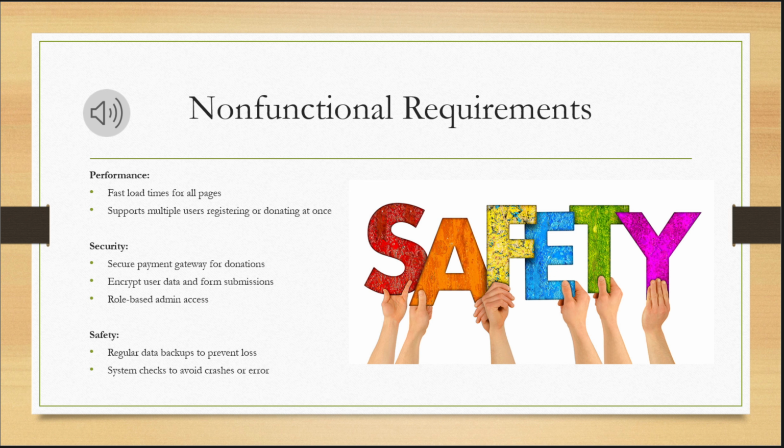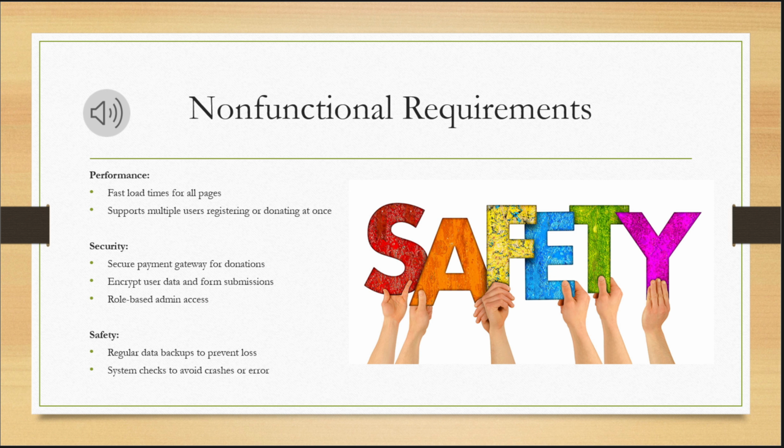All right, for the non-functional requirements, this is going to change the performance of the library, meaning it's going to create faster load times for all the pages on the website. It's going to support multiple users registering or donating at once, meaning it can handle more traffic and be okay with it. Security-wise, this will make it more secure with the payment gateway for donations.